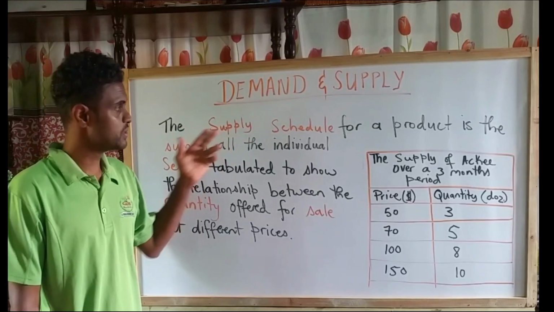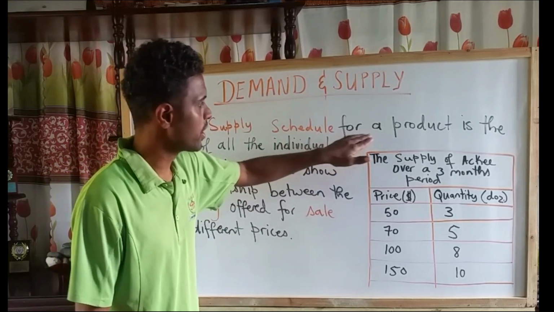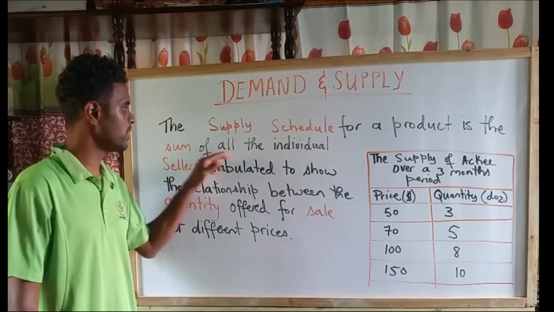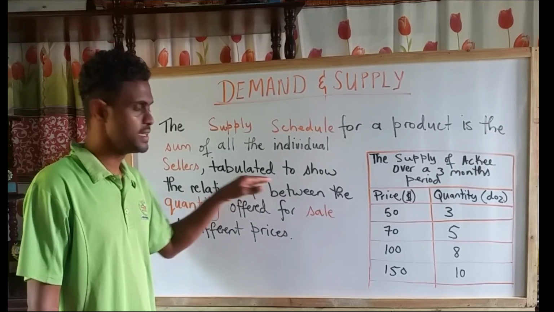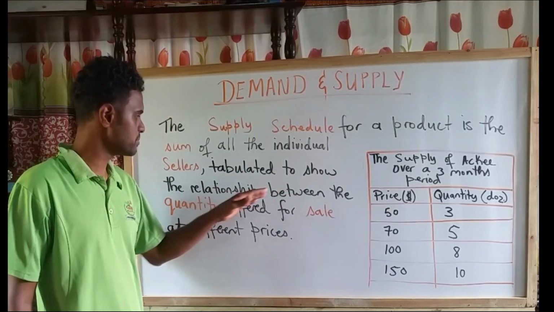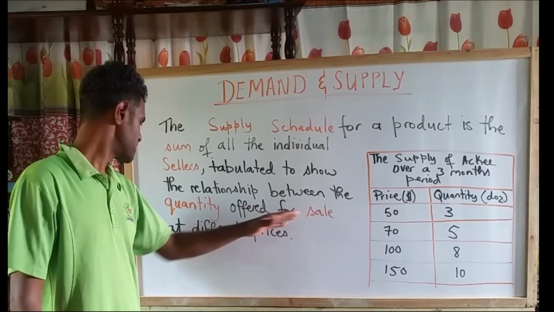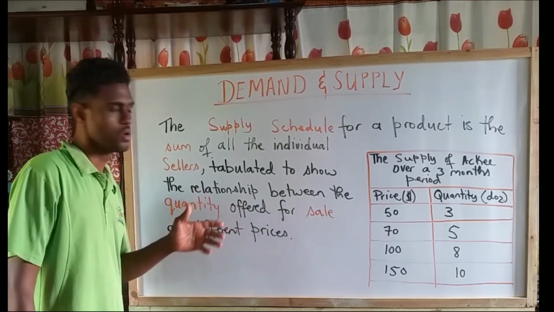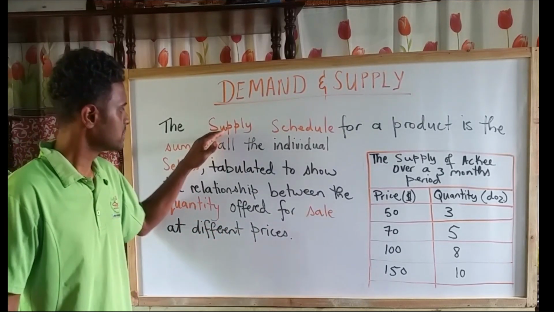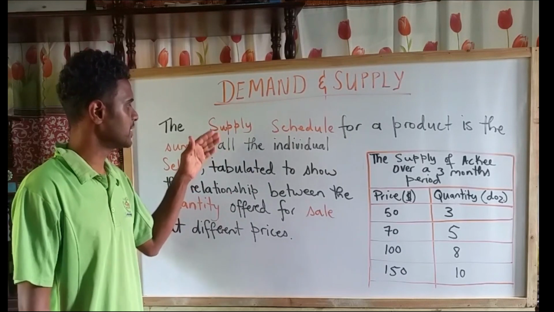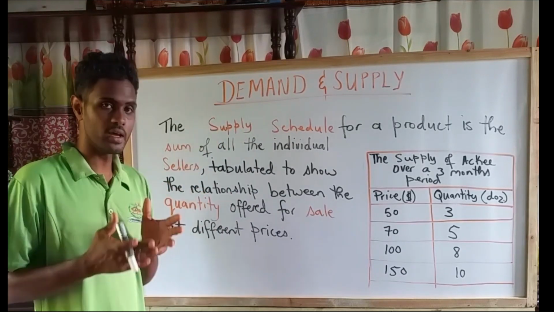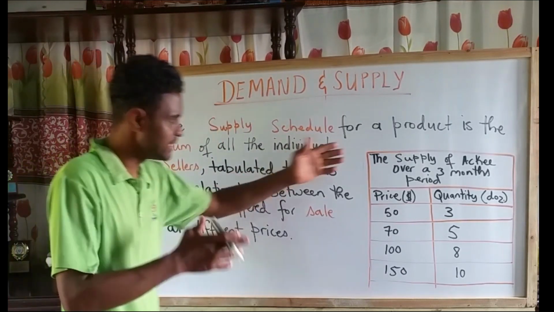The supply schedule. The supply schedule for a product is the sum of all the individual sellers tabulated to show the relationship between the quantity offered for sale at different prices. In short, it is the amount of supply of a good that is tabulated.